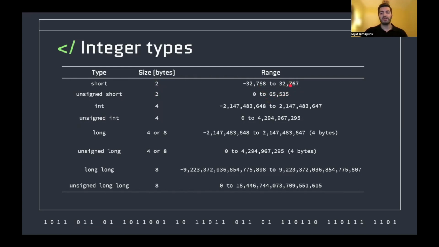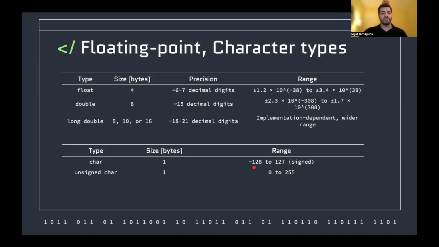The only difference is that in the standard one, half of the memory is used for positive numbers, half of the memory is used for negative numbers, while in unsigned, it's all used for positive. We can also see that as the memory they occupy increases by type, the size of the value they can hold also increases. Let's go ahead and see floating point and char types.